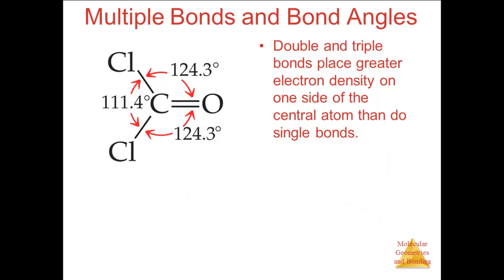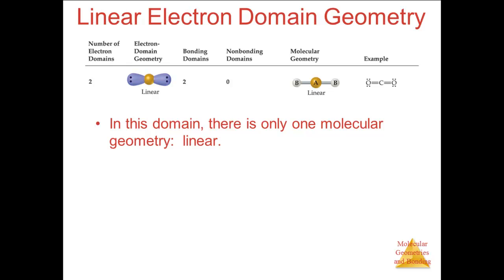In addition, the presence of a double bond with its additional electron density will squeeze the single bond domains closer together. Both of these factors will cause the bond angles in the actual molecules to deviate from the angles in the electron domain geometry.